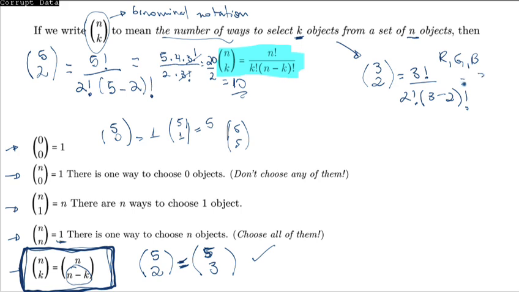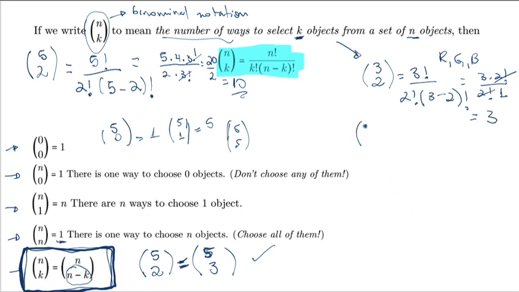So if you work this out, this is 3 factorial over 2 factorial times 1 factorial, which is 1. So this cancels away, and so this is 3. This is the same answer.